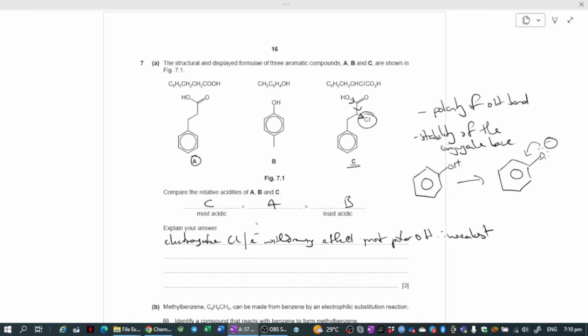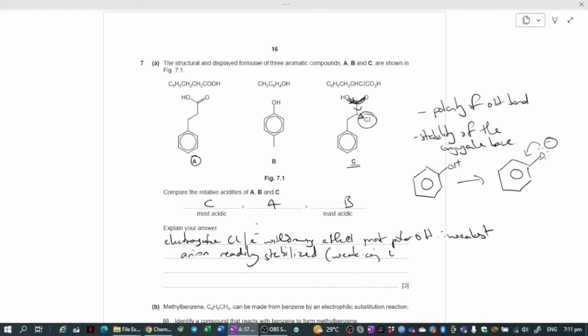The anion as well, the carboxylate ion that we have, is also stabilized due to conjugation within this carboxylate system. So the anion, which essentially means the conjugate base, is most stabilized. It's very stable, so it's a weak conjugate base.